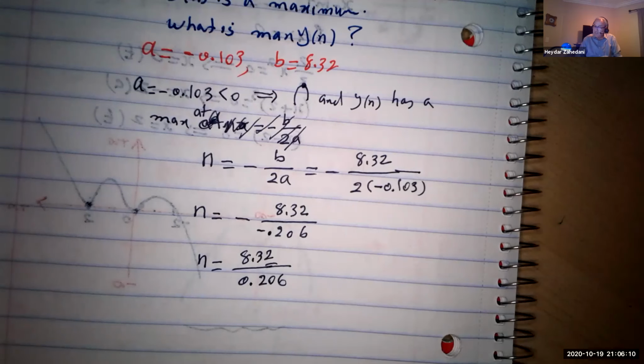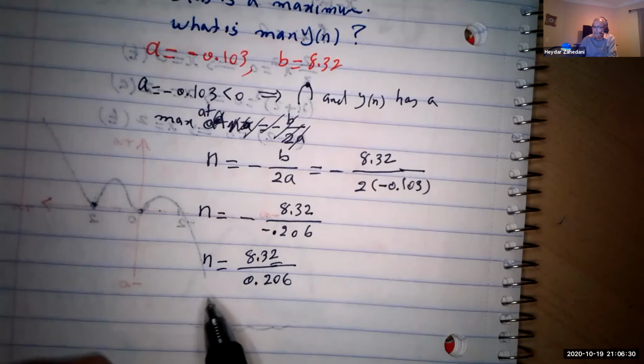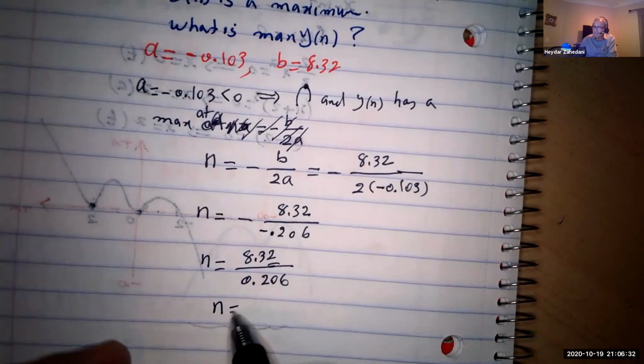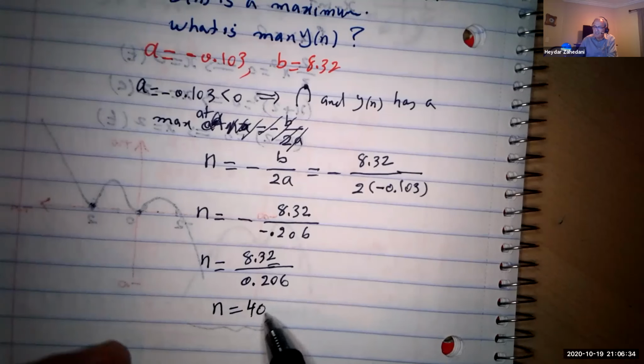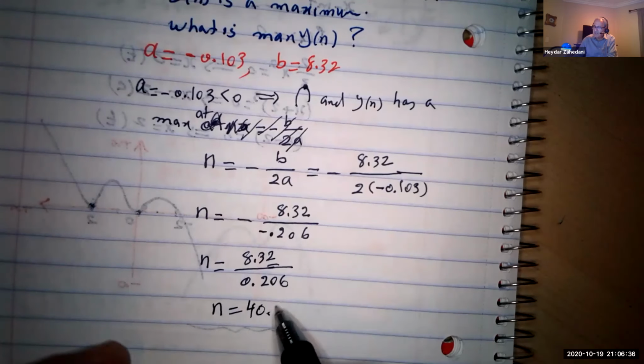It's going to be 8.32 divided by 0.206. Okay, I have something like 40.38. Remember, these are thousands.